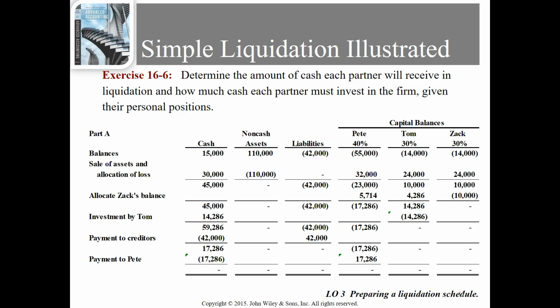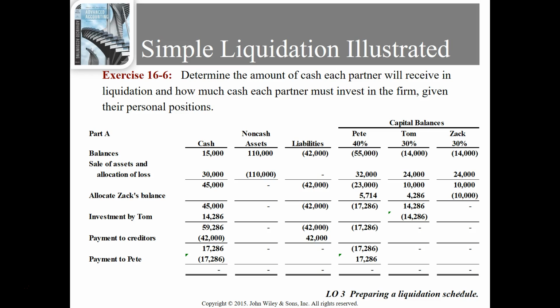We sold the assets and allocation of the loss, sale of assets and allocation of the loss. So what's happened now is we've sold non-cash assets for $110,000. That's the value. But I only sold it for $30,000.